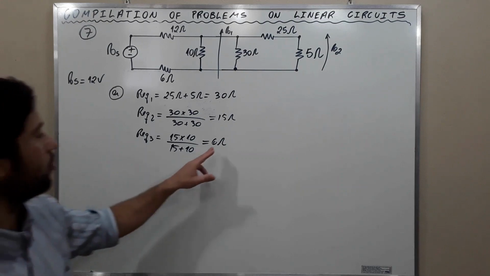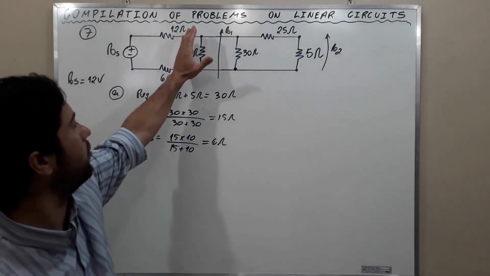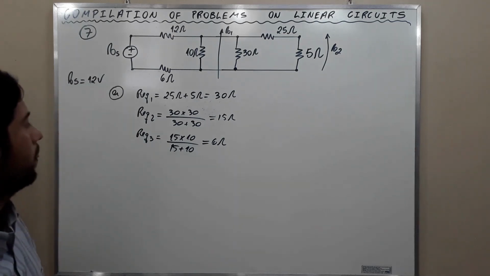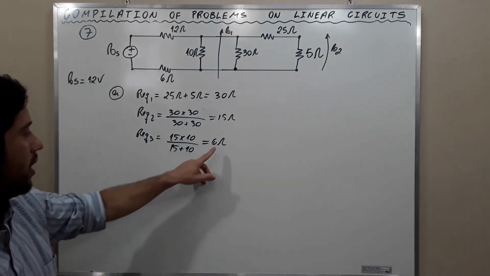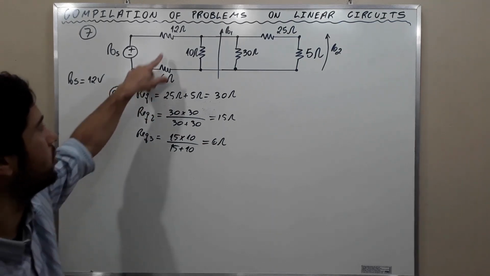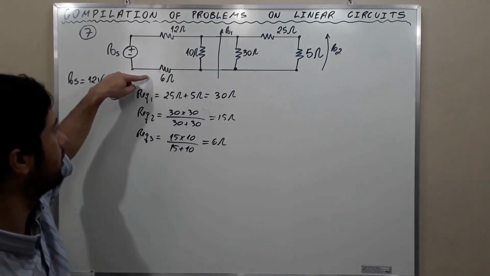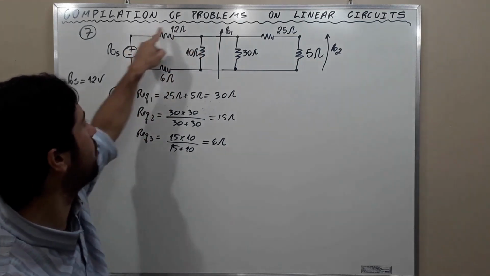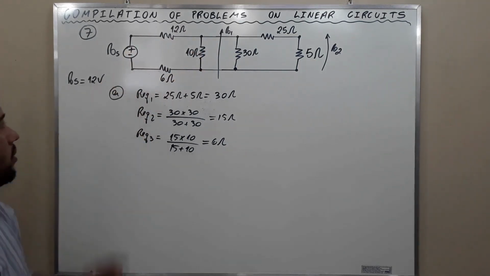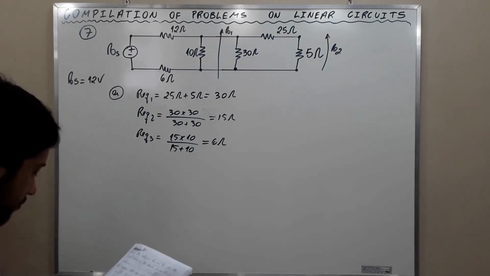And this 6 ohms is going to replace all of this, okay? Observe that this 6 ohms is in series with this 6 ohms and these 12 ohms. They are in a series connection, okay, across the voltage source.